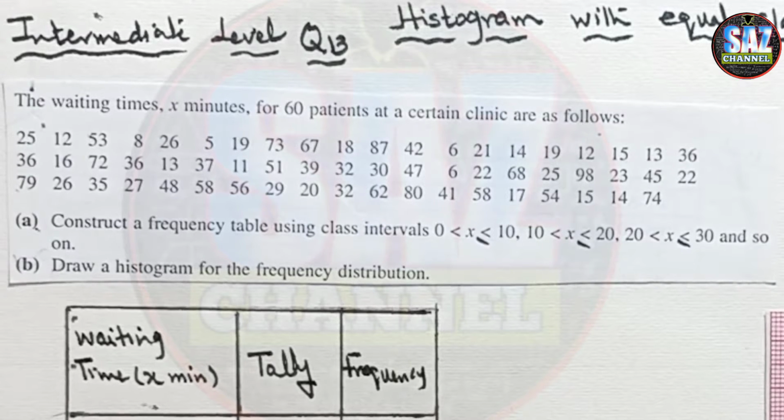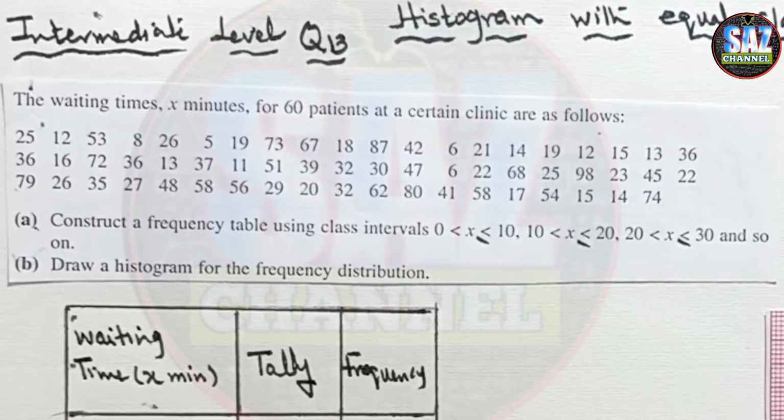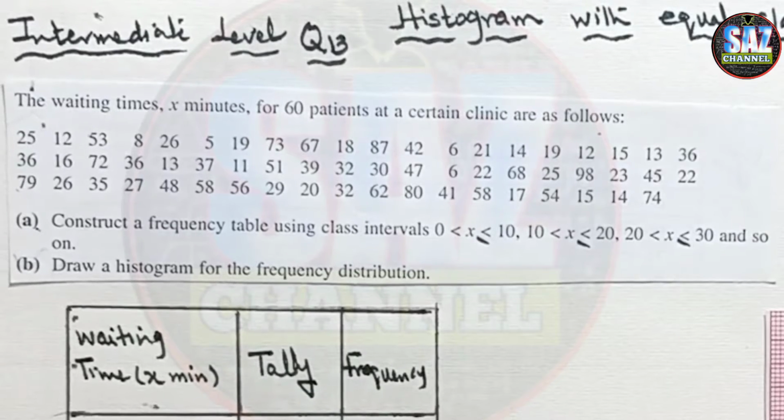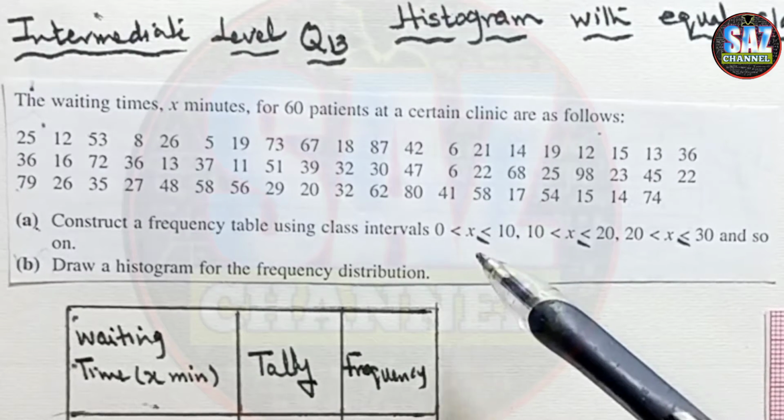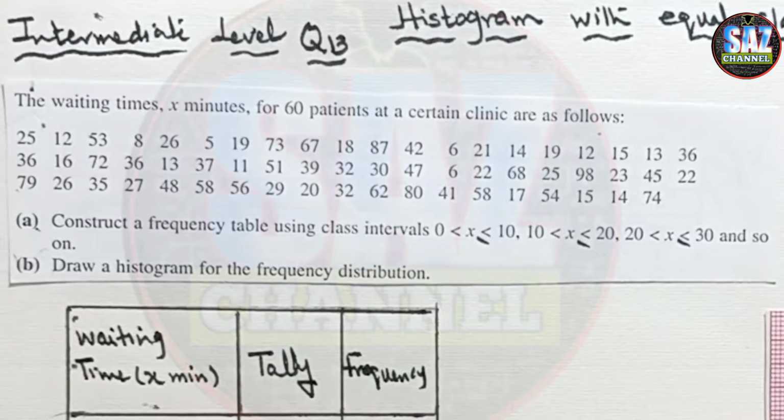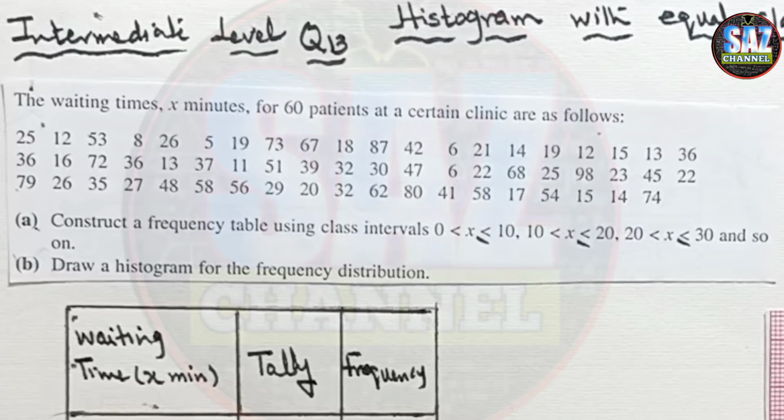So in order to make the frequency table, we have to first divide the data in different classes with the help of the intervals which is given. While making the class intervals, we have to keep in mind what is the minimum value and maximum value in the data, so that we can accommodate these two points.